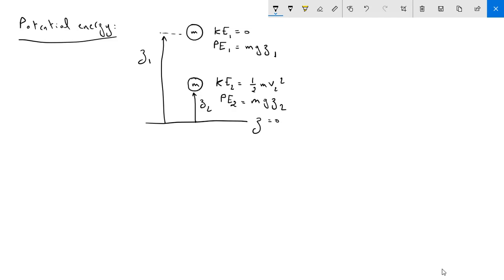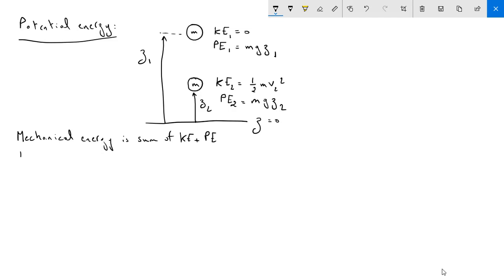So the mechanical energy of a body is mainly the sum of kinetic energy plus potential energy.